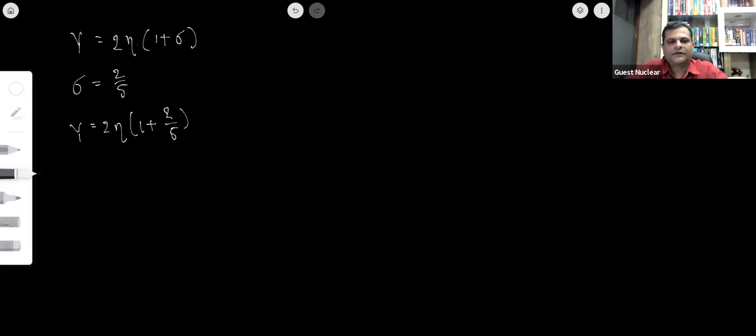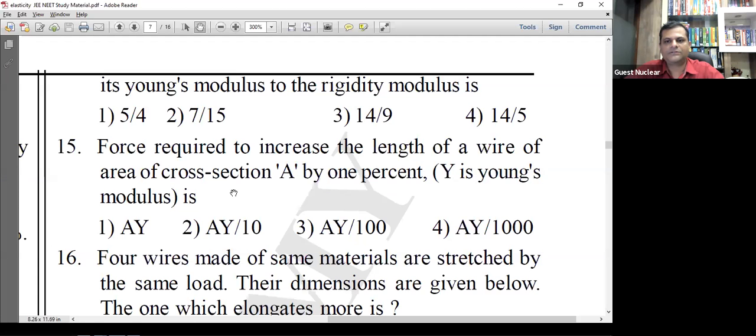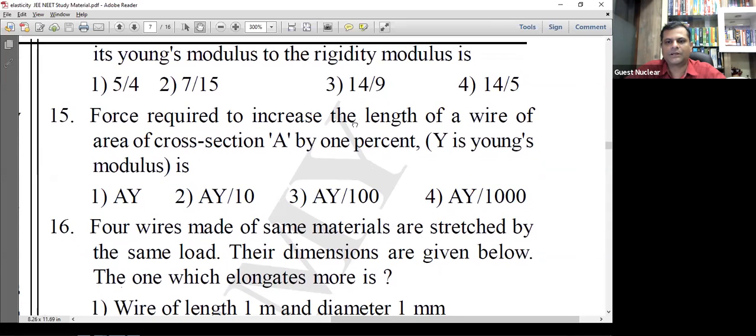And if we just simplify this further, then we can get this Y upon eta, which is going to be equal to 2 times of what is this 1 plus 2/5? It is going to be 7/5. Yes, and it will be actually Y upon eta is equal to 14/5, which is going to be the answer, which is there here in option number 3. Okay, which must be the correct one.